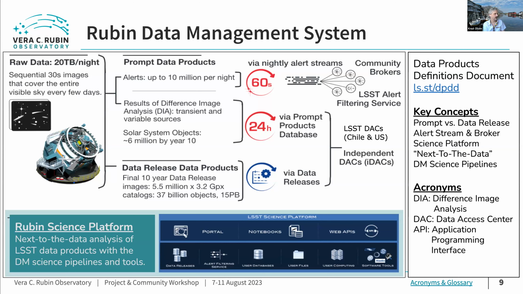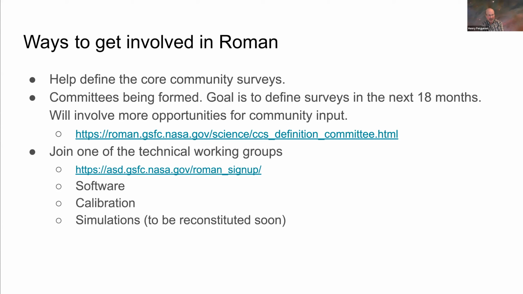And then there was work done to create a design reference mission already, so there are some ideas about how to design these, but nothing is set in stone. Committees are being formed now, and those committees will define the surveys in the next 18 months. And there will be more opportunities for community input, so stay tuned there.